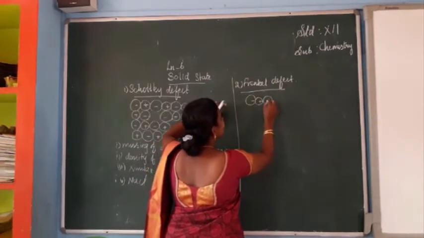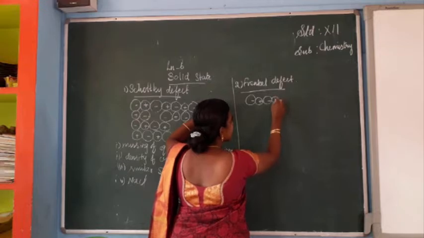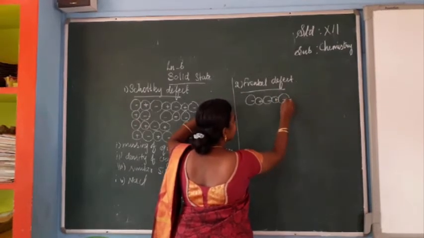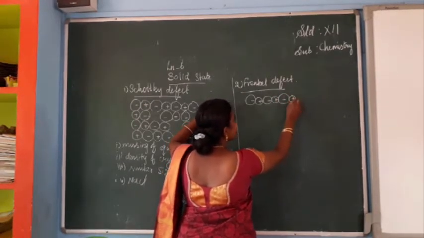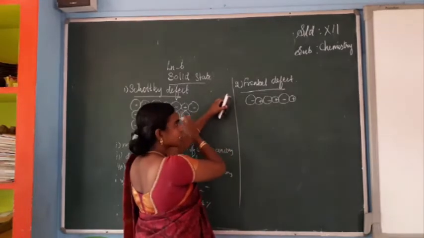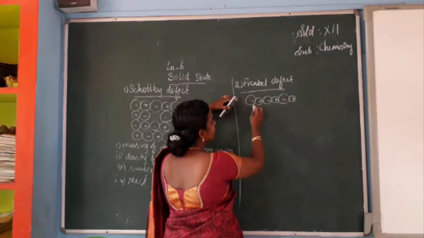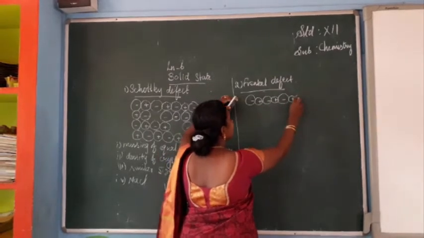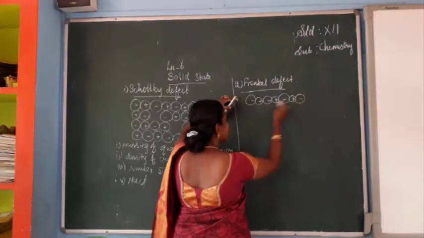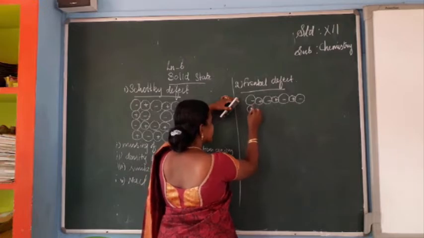Plus, minus, consider this is plus, then minus, plus. Here the negative and positive ions should show a difference. Okay. Anion should be larger in size.